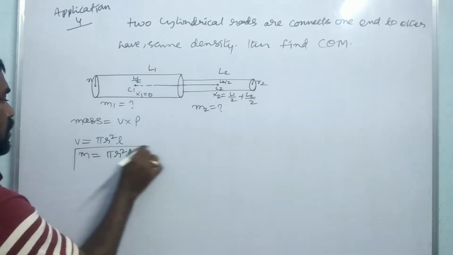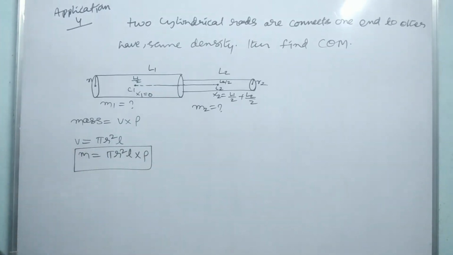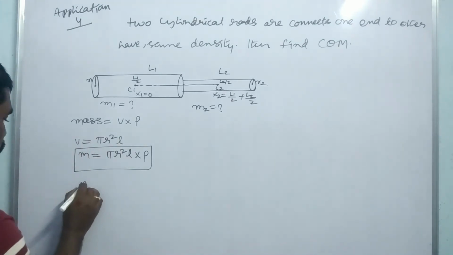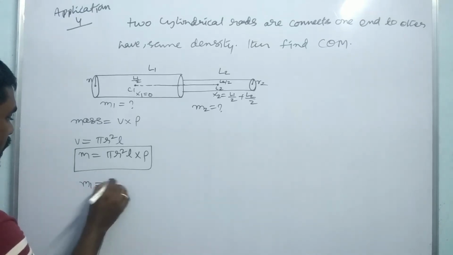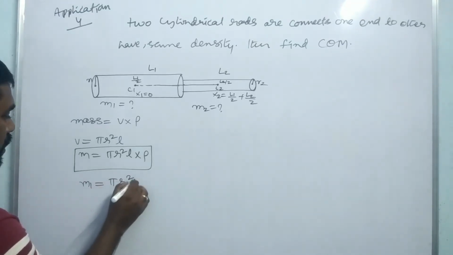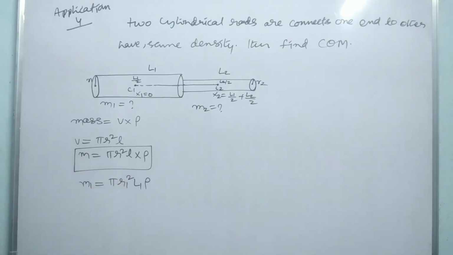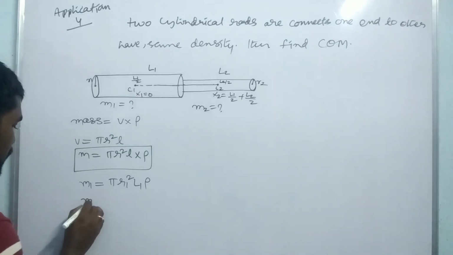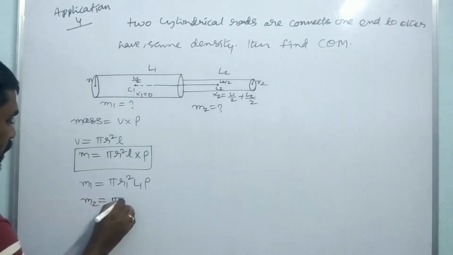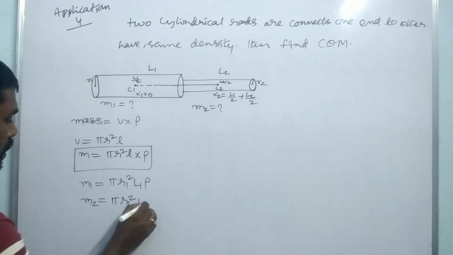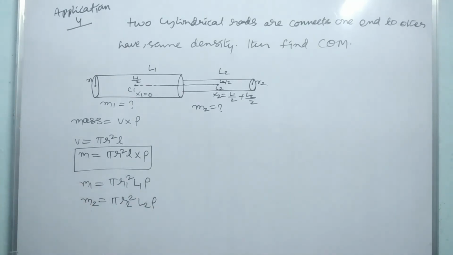From this equation you can find the mass of the first cylinder and the mass of the second cylinder. Whereas mass of the first cylinder is equal to pi r1 square L1 rho. Similarly, mass of the second cylinder M2 is equal to pi R2 square L2 rho.